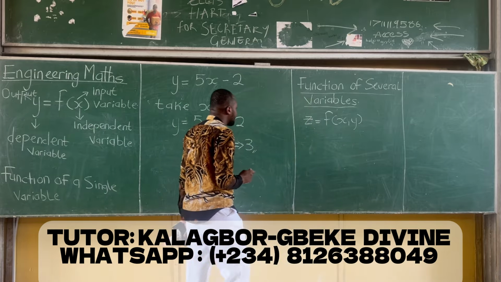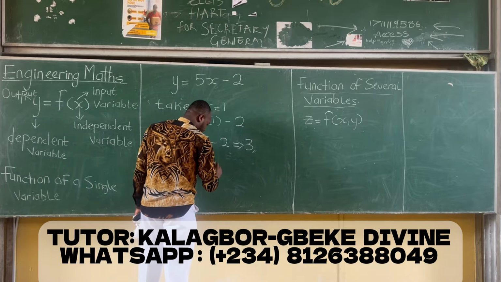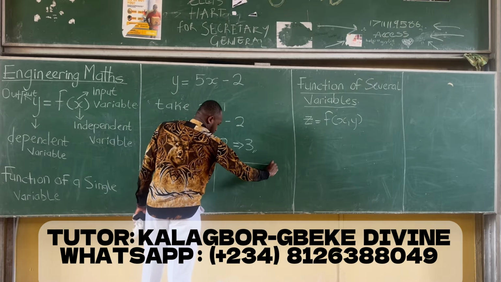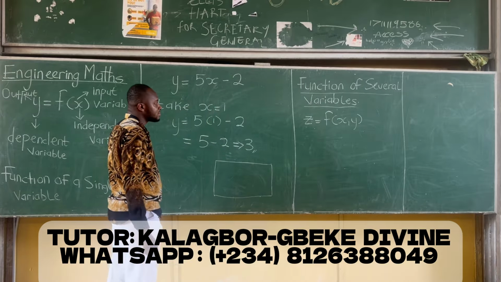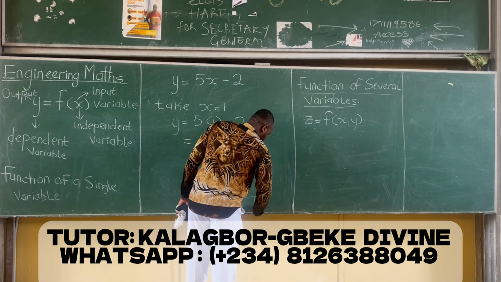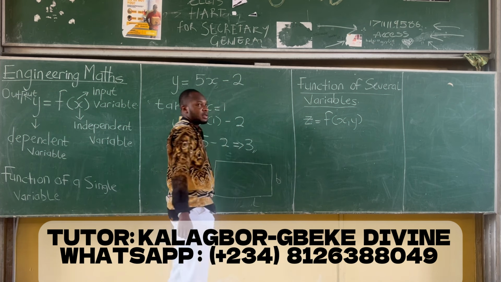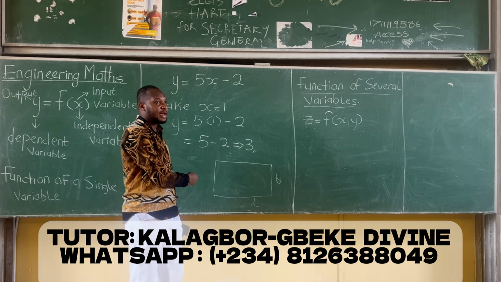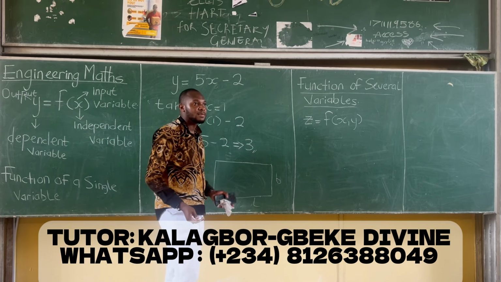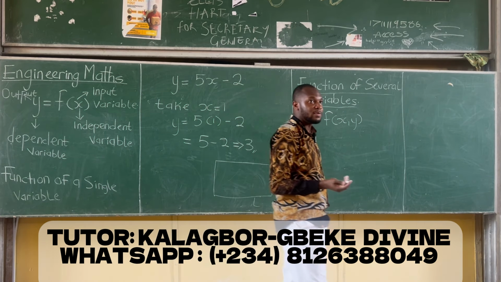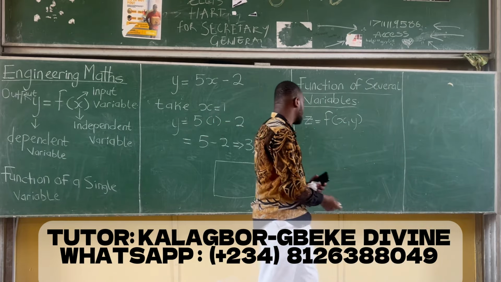Then we can get the value of z. Now, let's say, for example, we have a rectangular box and we have the length and the breadth, right? Now, we are asked to find the area of this shape, this rectangle. What is the area of a rectangle, please? Anybody? Length times breadth, right? Correct.